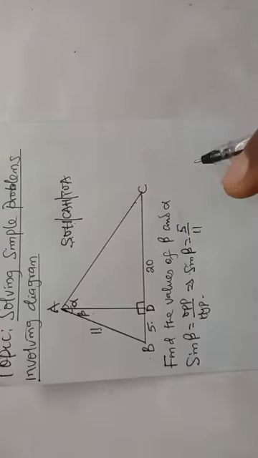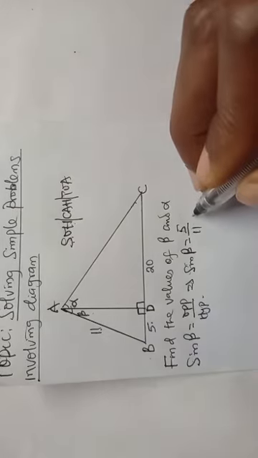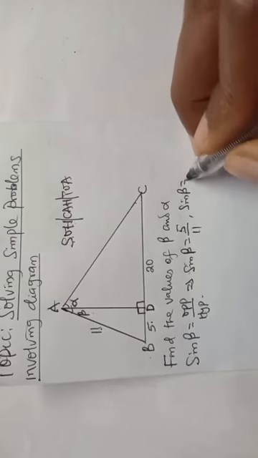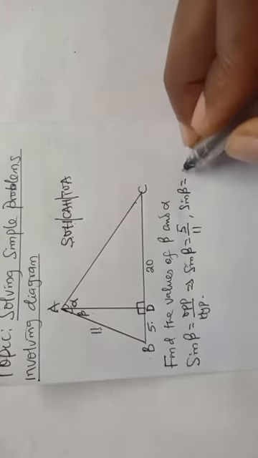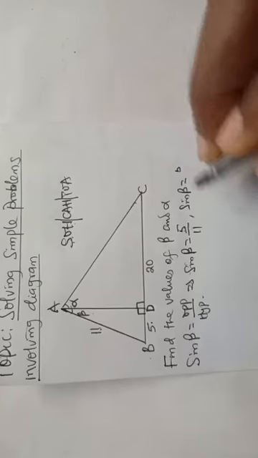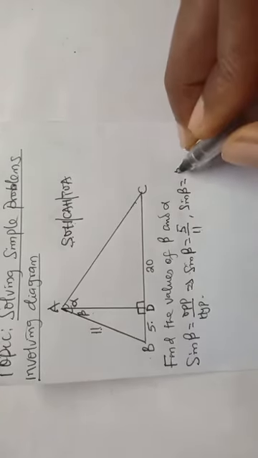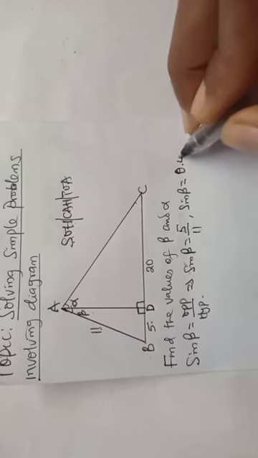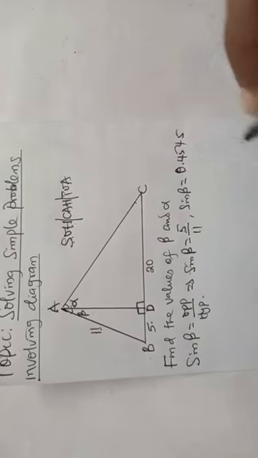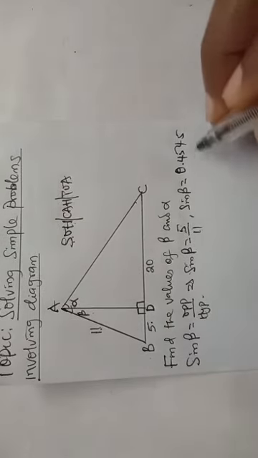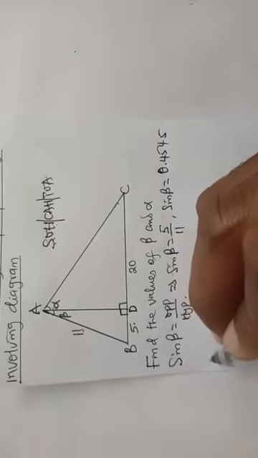Now sine beta is equal to 5 divided by 11, which is going to give us 0.4545. Now to have my beta, I'll take sine inverse of this.